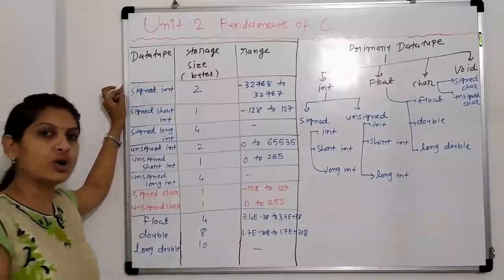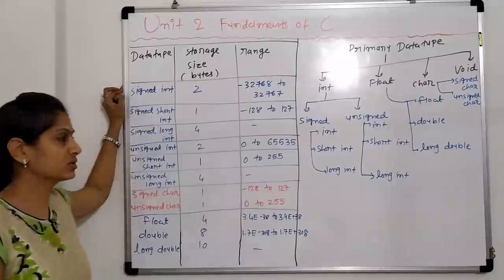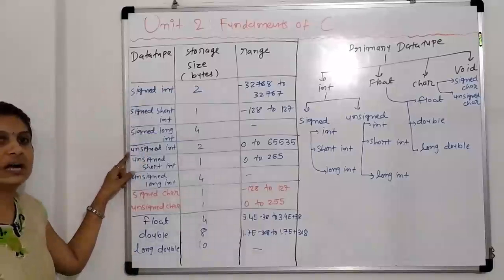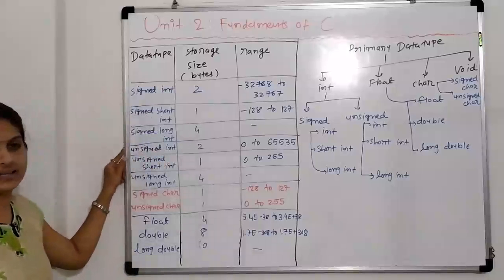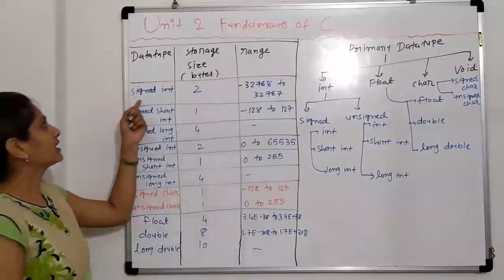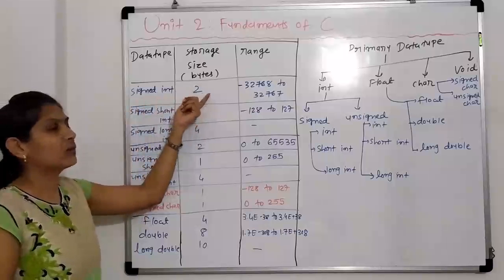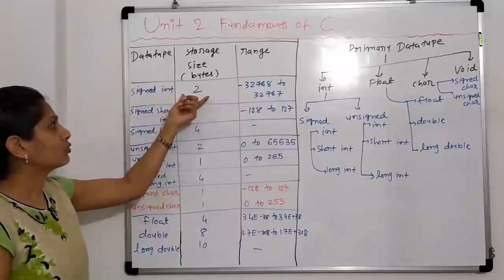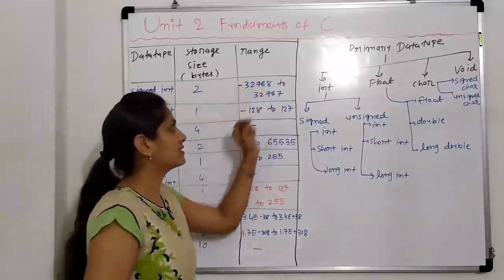But suppose you want only positive values as input and output, then you have to compulsorily write unsigned before int. Okay? So here signed integer requires how many bytes? 2, that is fixed.